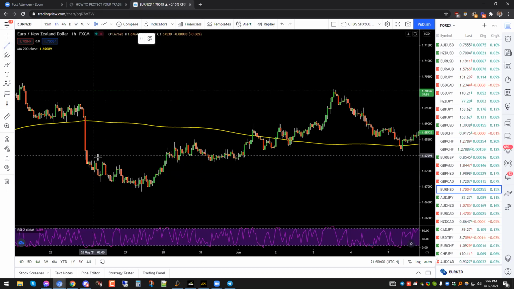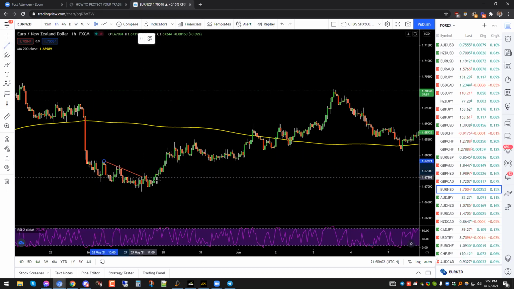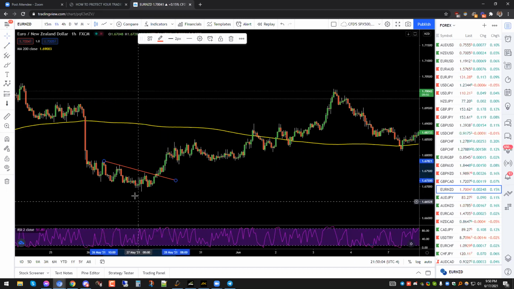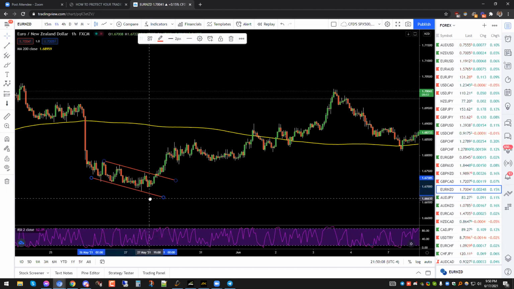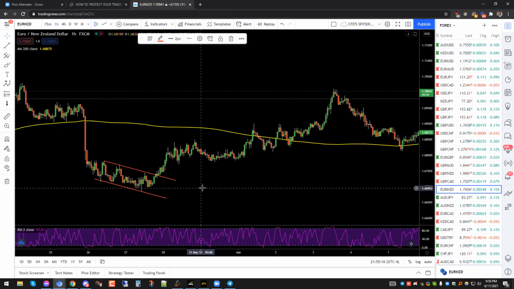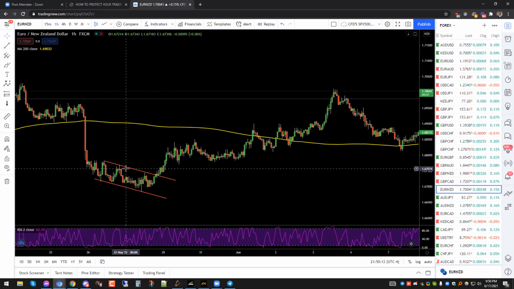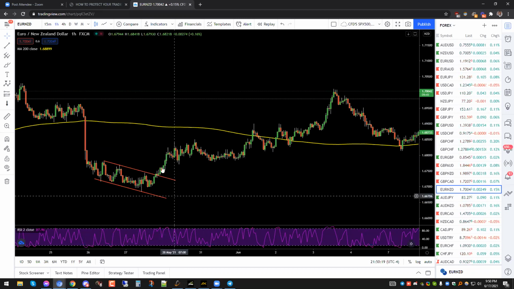So what we can do, just to simplify this, is just bring a trend line over it, like that. So we bring a trend line over it, create our channel like that, and we can see that this is price sliding to the downside, right? So what we're gonna do is look for a breakout of this.